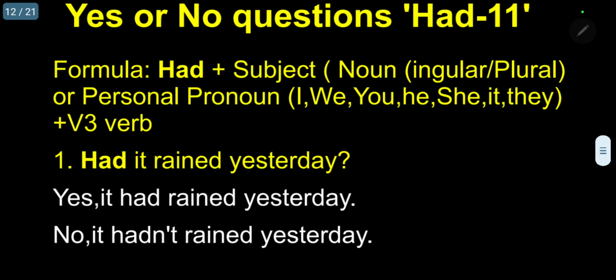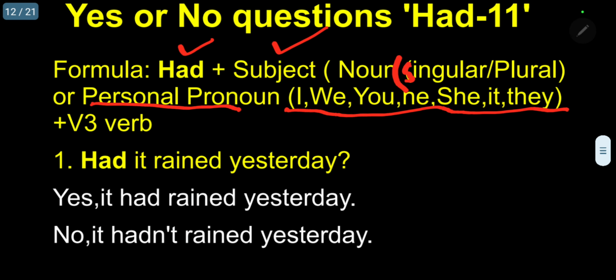So for the formula we have to follow had plus subject. That noun, subject may be noun, it may be singular or plural, or personal pronoun for all, I, we, you, he, she, it, they.